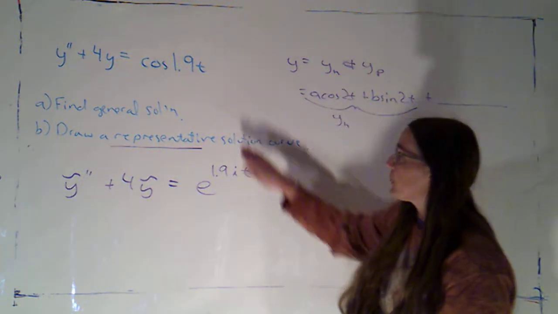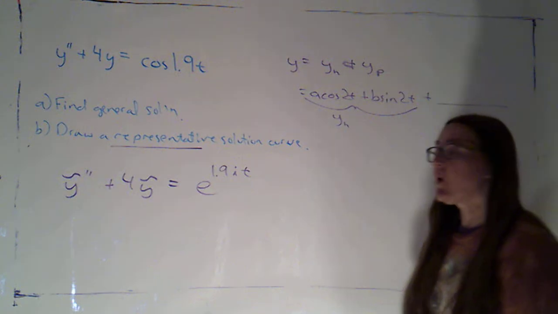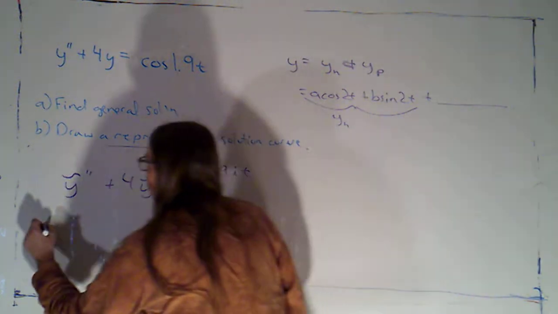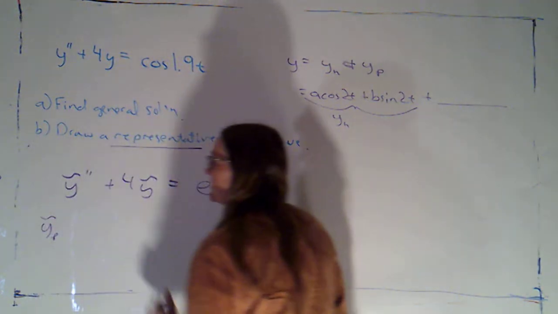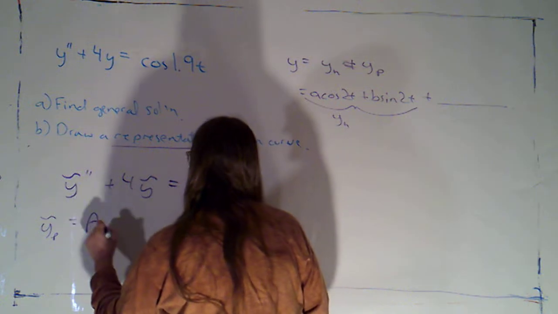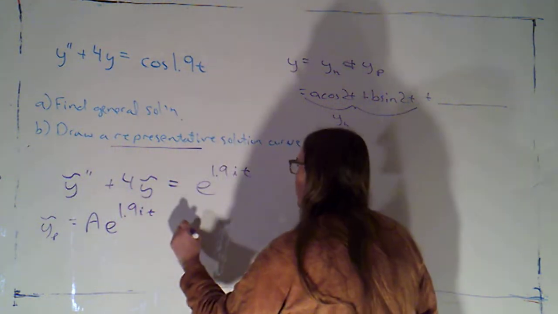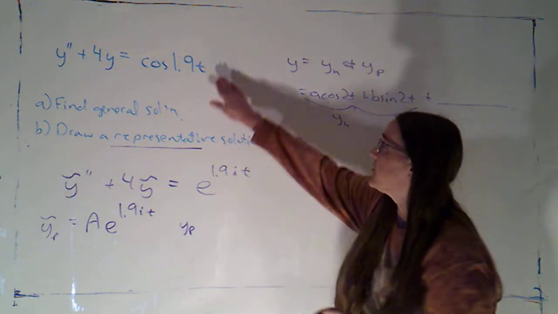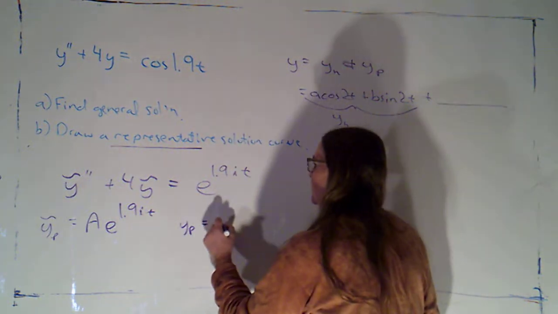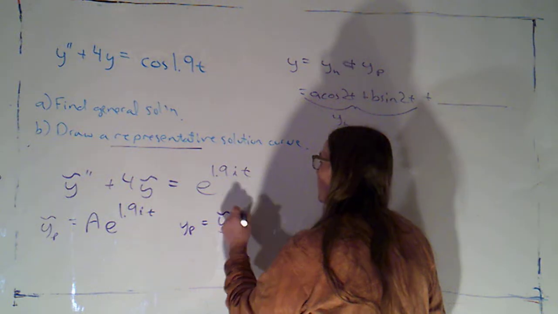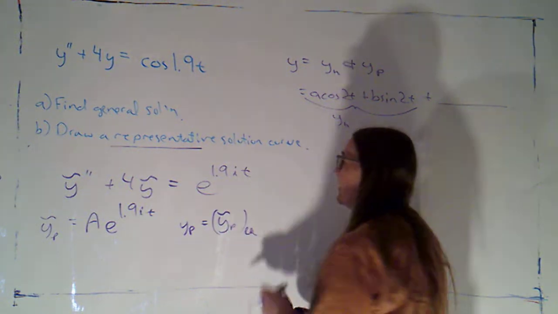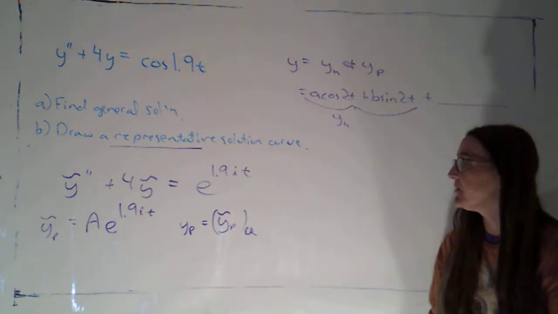Notice this is the real part of that. So I'm going to try to guess that a particular solution to the complex equation is a copies of e to the 1.9 times i times t. My particular solution to the real equation is just going to be the real part then of that complex equation.